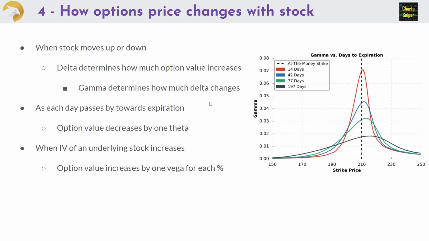The next important thing to understand is when a stock price changes, how the option price changes. Option price is typically determined by supply and demand, and also where the stock price is, what the stock's volatility is, and a lot of other parameters.